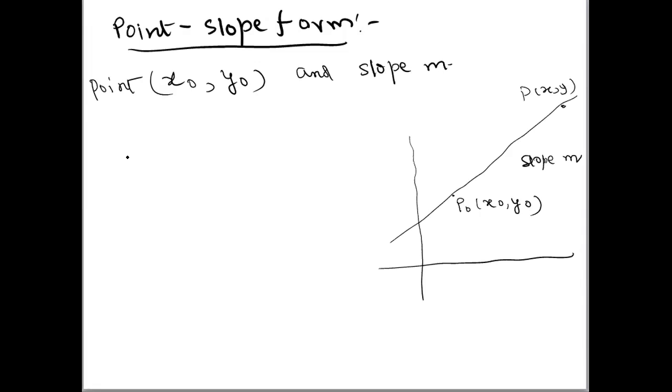I know the formula for slope m is equal to, when we are given two points, y2 minus y1 upon x2 minus x1. Now my y2 is y, minus my y1 which is y0, upon my x2 which is x, minus x1 which is x0.